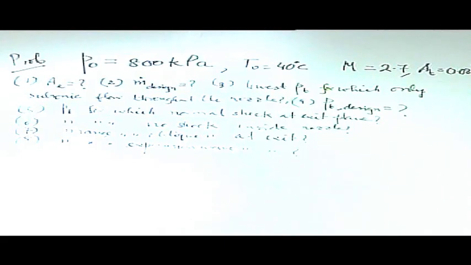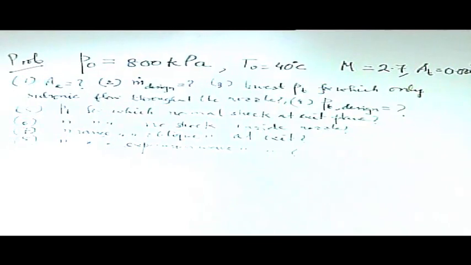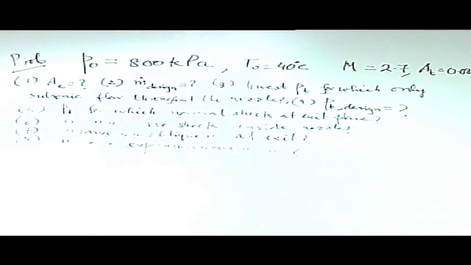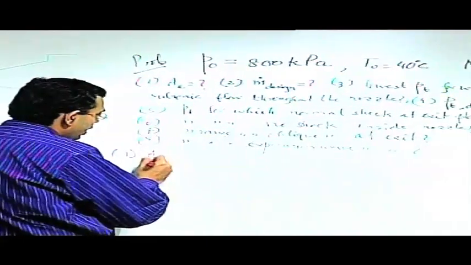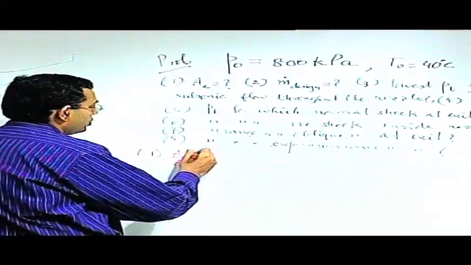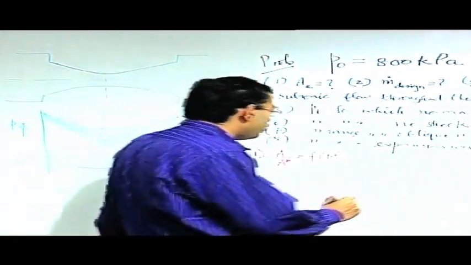So, let us look into this one by one. First of all, what is the area of the exit? To know that, if we refer to A by A star, we know that A by A star is a function of Mach number only. This we had derived earlier.